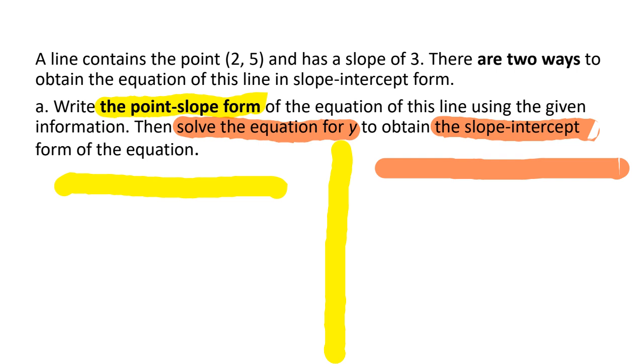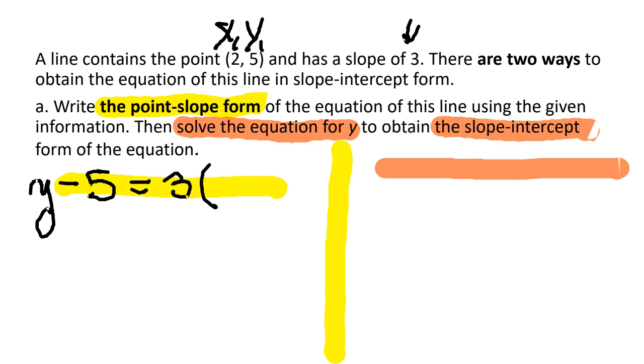Okay. Now, point-slope form is kind of nice. We are going to have x1, y1. Here's my slope. Now, I am going to do y minus 5, and it's a positive 5, so I know a negative times a positive is going to give me 5 equals 3x minus a +4, 2.